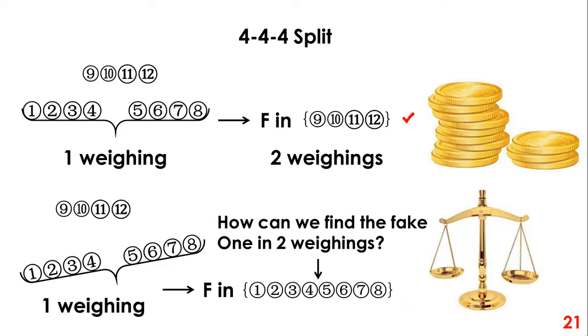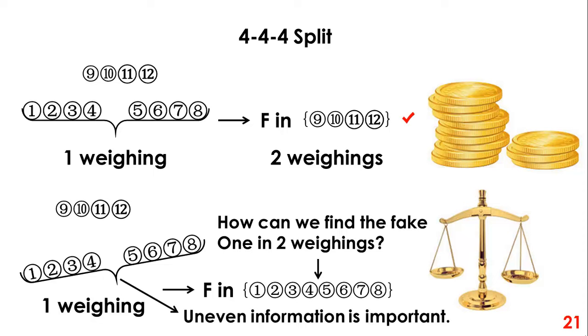But it's possible. Why? Because here we have important information. The uneven information is very useful here. We know that coins 1, 2, 3, 4 are heavier than the group of 5, 6, 7, 8. That information is very important, very valuable.